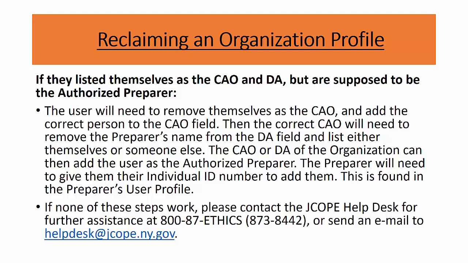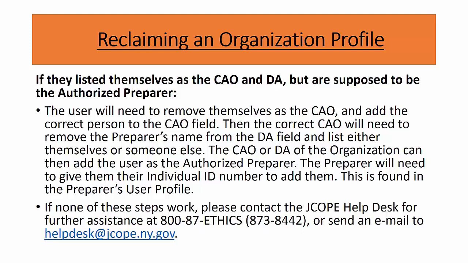Then the correct Chief Administrative Officer will need to remove the preparer's name from the Delegated Administrator field and list either themselves or someone else. The Chief Administrative Officer or Delegated Administrator of the organization can then add the user as the Authorized Preparer. The preparer will need to give them their individual ID number to add them. This is found in the preparer's user profile.